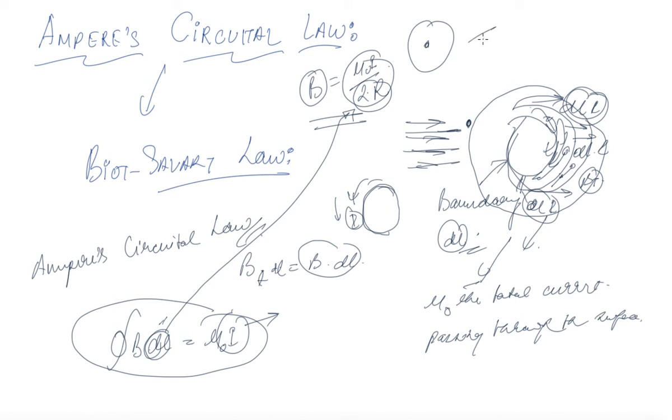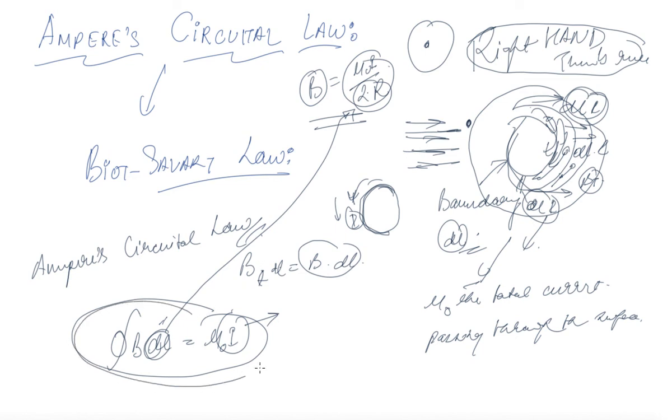We are talking about your right hand, so this is known as the right hand thumb rule. And this particular equation is known as Ampere's circuital law.